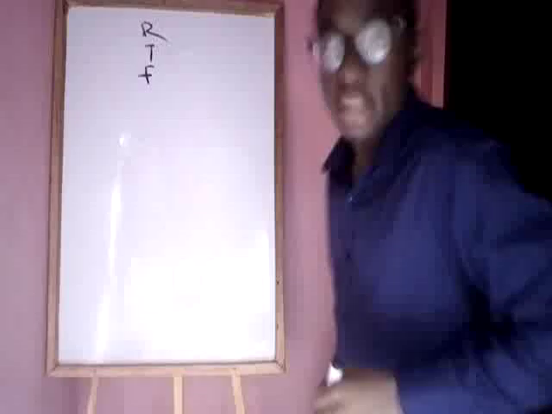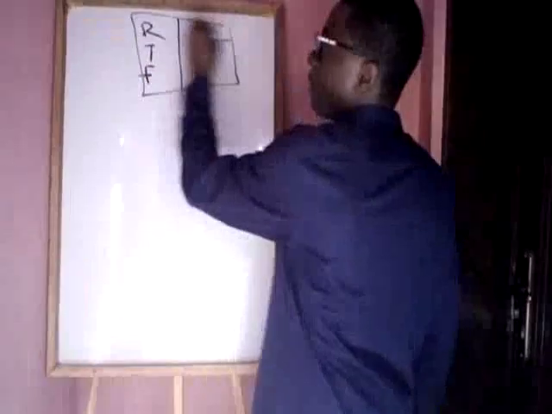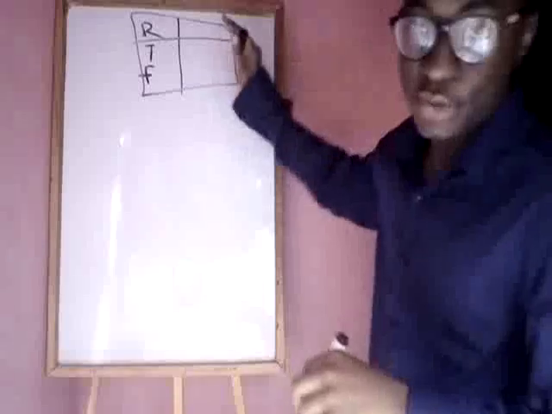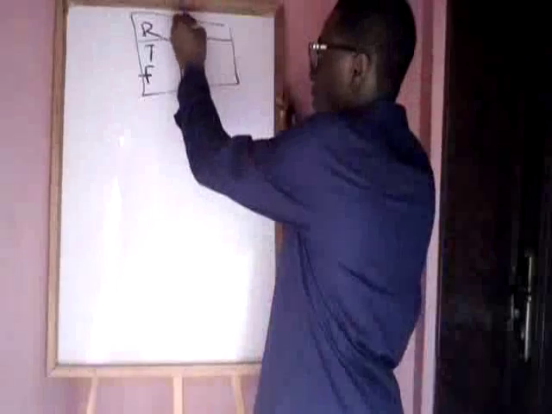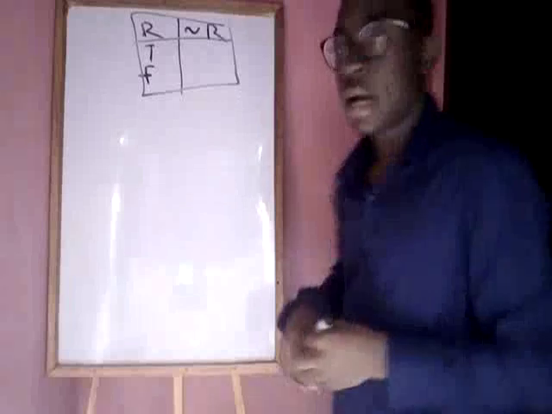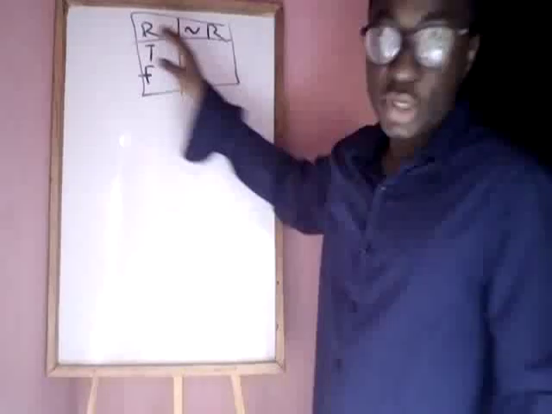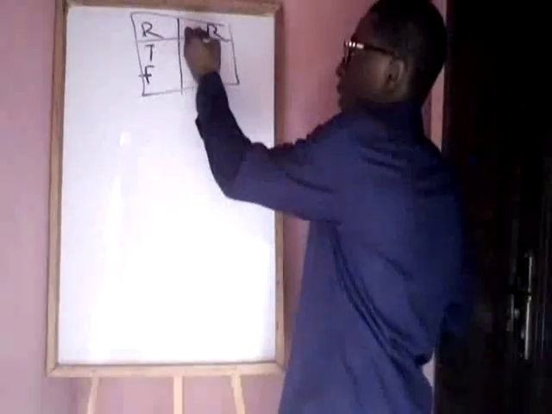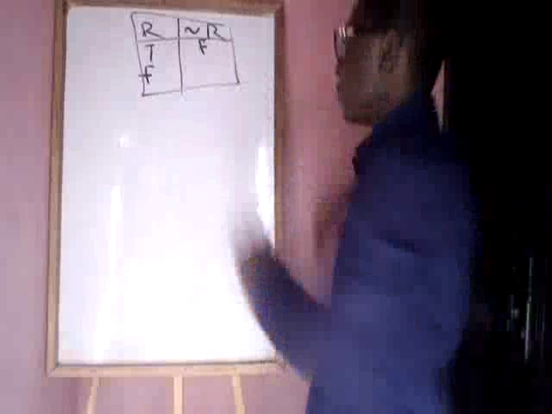Now we can construct a truth table for R, and this truth table is a negation truth table. So we have not R, and when we have R as true, the not R will be false. When we have R as false, the not R will be true.